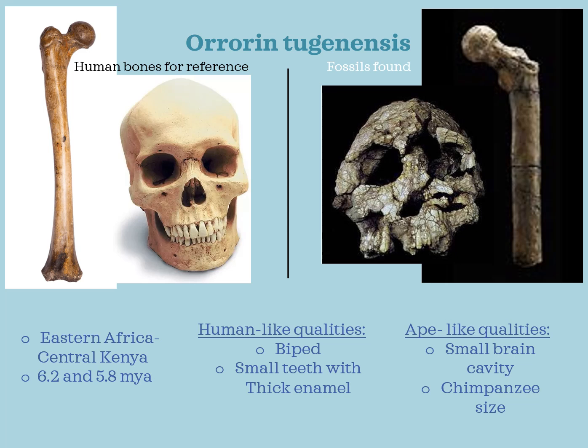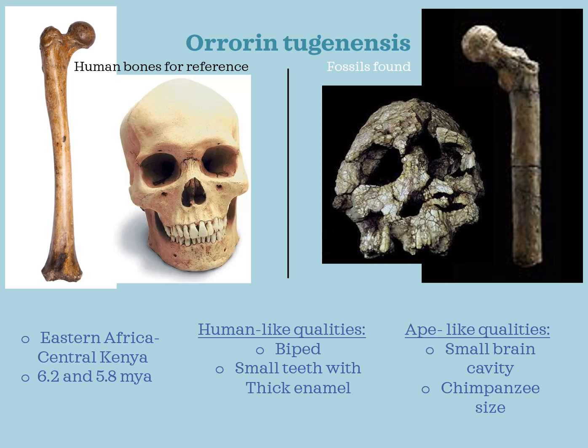This suggests that while Orrorin individuals climbed trees, they likely also walked upright on two legs. Based on Orrorin's low, rounded molars and small canine teeth, paleontologists suggest that their diet mainly consisted of plant-based foods like leaves, fruits, seeds, nuts, and insects.